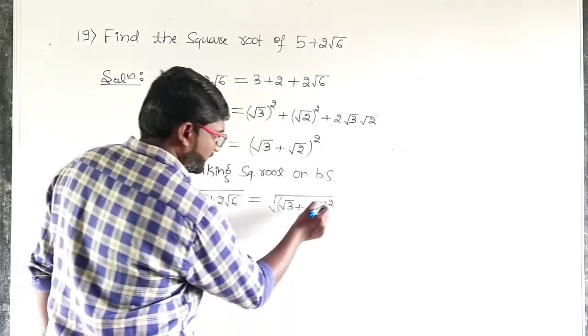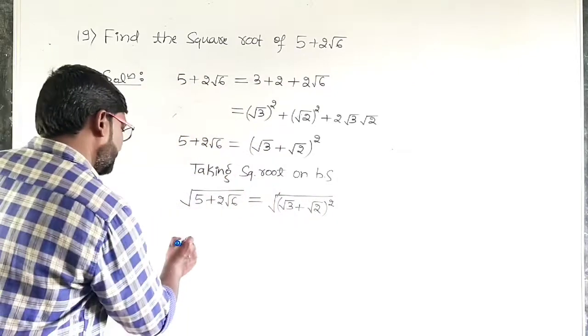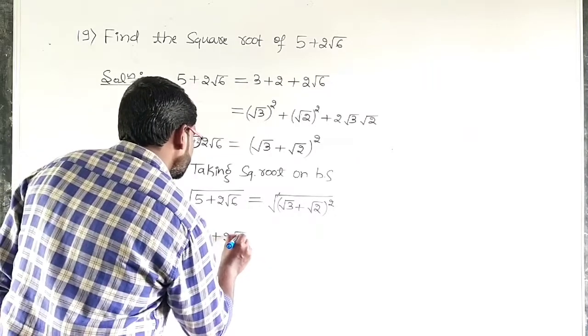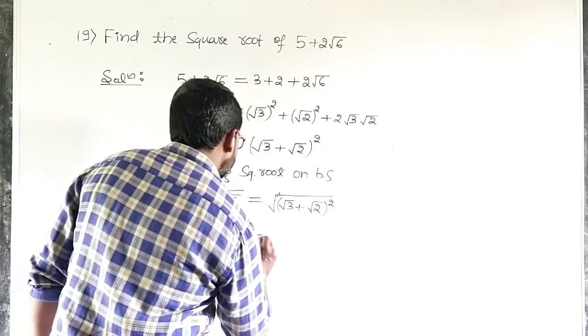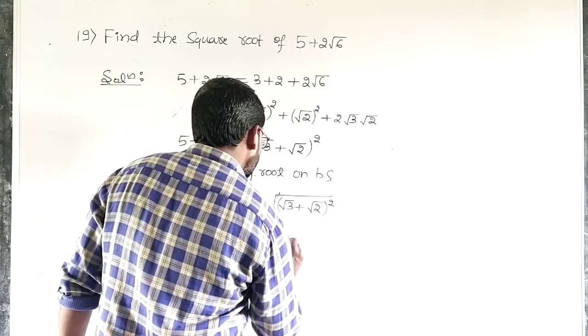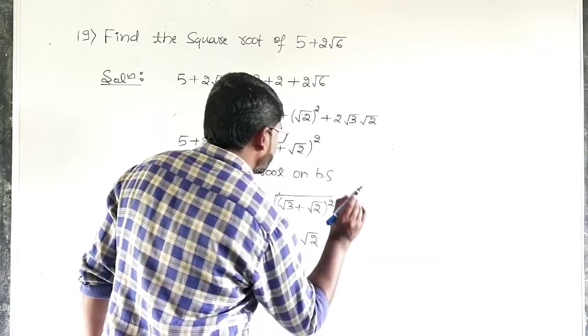Now square and root get cancelled. So the square root of 5 plus 2 root 6 is equal to root 3 plus root 2. So this is the required answer.